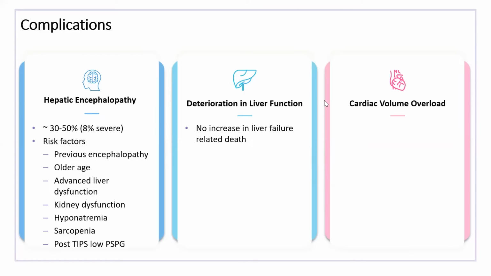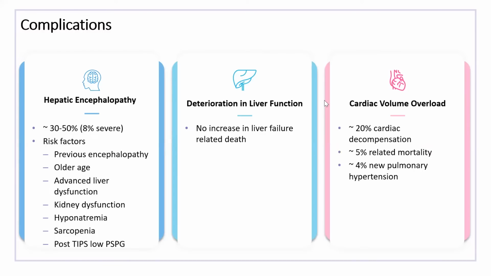Now, deterioration of liver function, the TIPS will shunt away blood from the liver. It is difficult to say how much of the dysfunction is because of the TIPS and how much is because of progression of liver disease, especially if the TIPS has been put in a very sick patient. But objectively, when studies have looked at this, there has been no increase in liver function-related death, but there may be a small increase in bilirubin and INR.